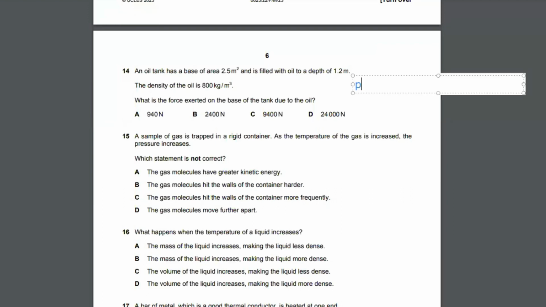So I will arrange things for force. So force is equal to pressure into area.